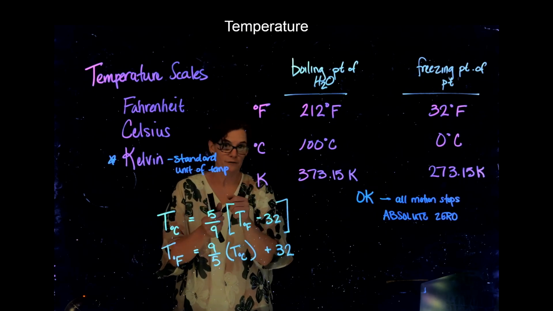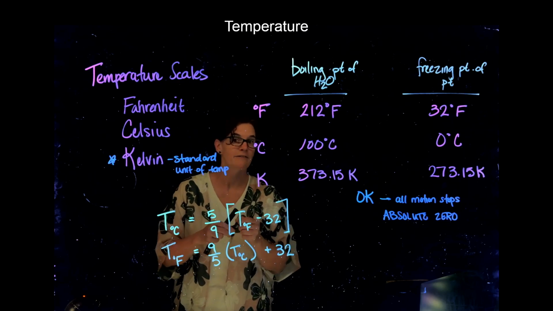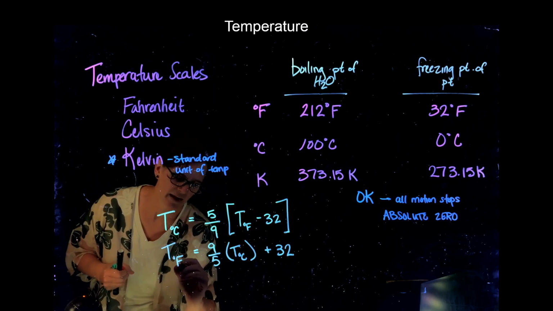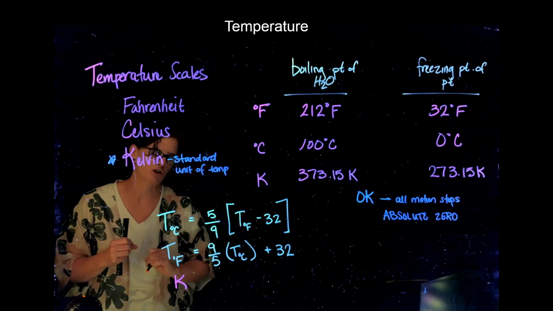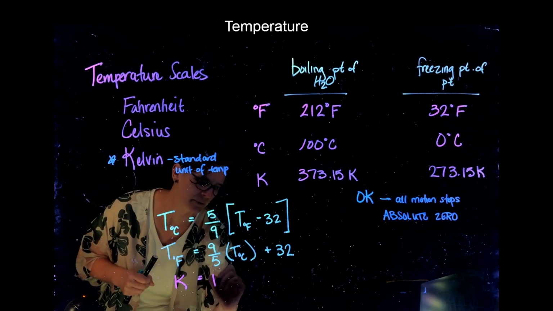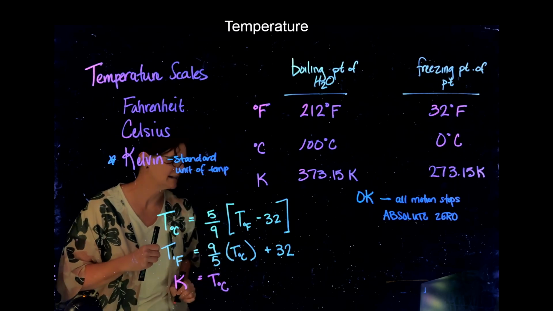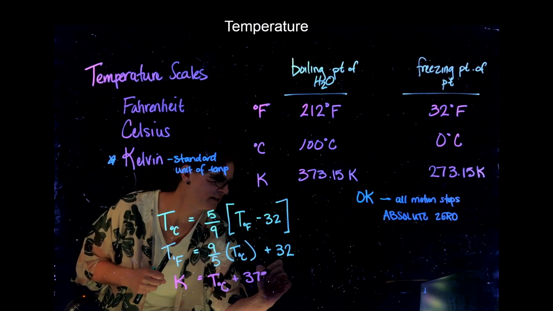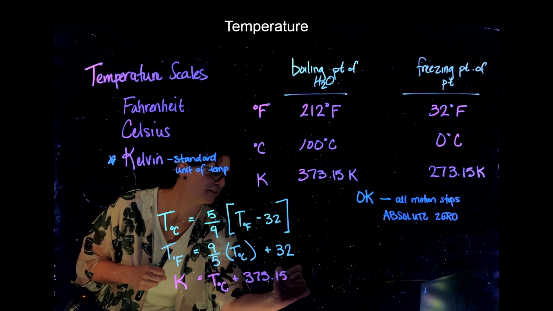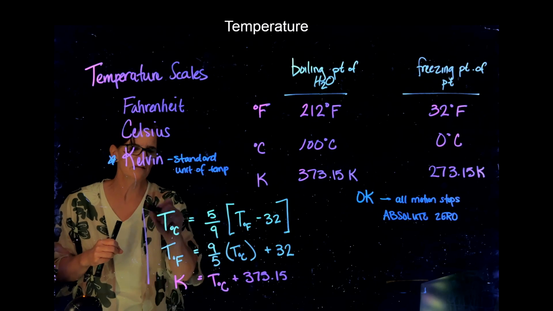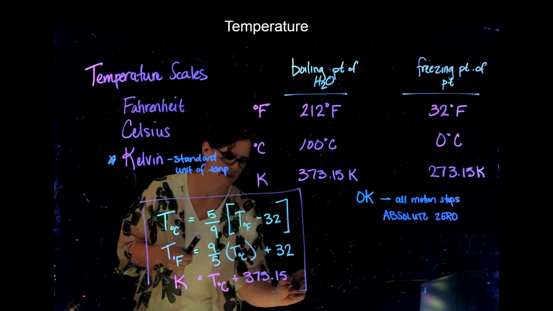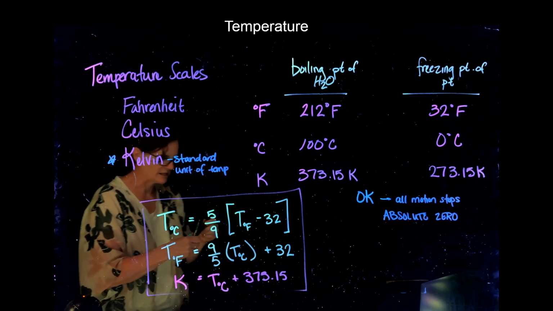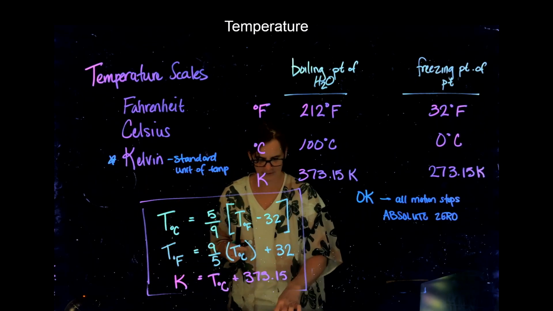So converting between Celsius and Kelvin is very straightforward. If I want my temperature in Kelvin, it's simply my temperature in degrees Celsius plus 273.15. So these are our conversions between our three temperature scales.